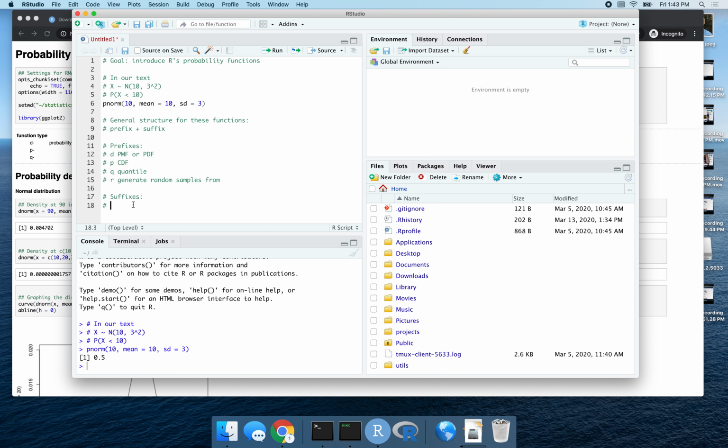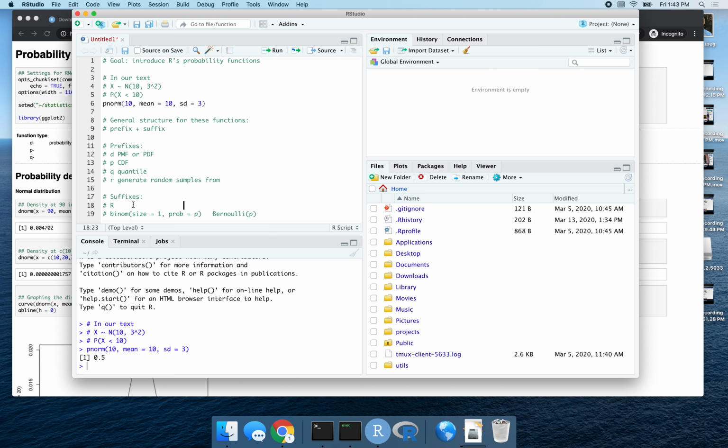So here's what we have in R. We have binom, size equals 1, prob equals p. In our book, this corresponds to Bernoulli p distribution.